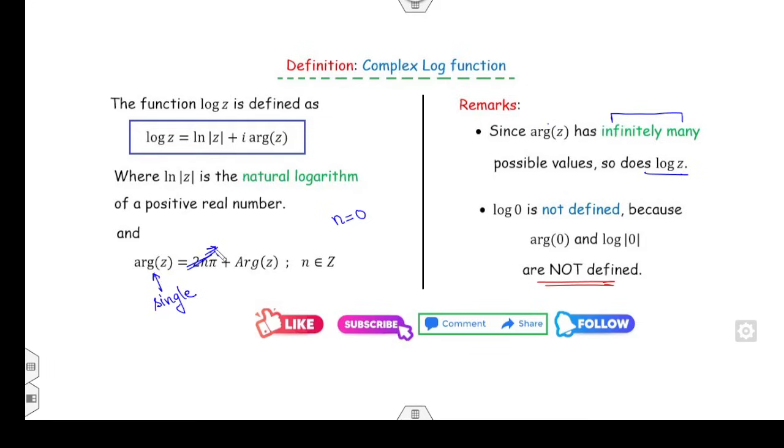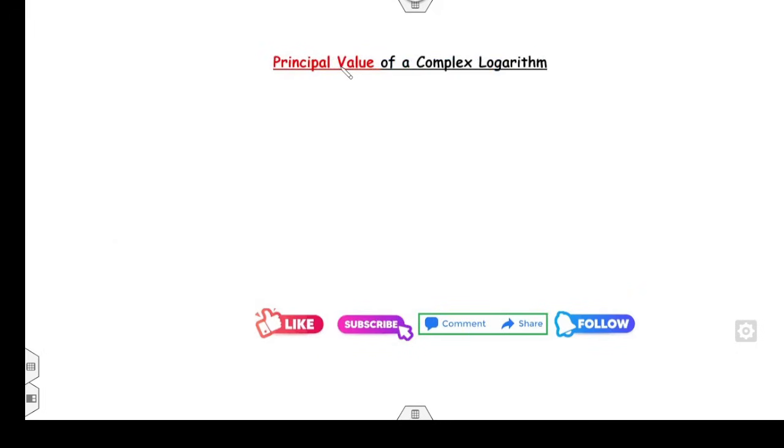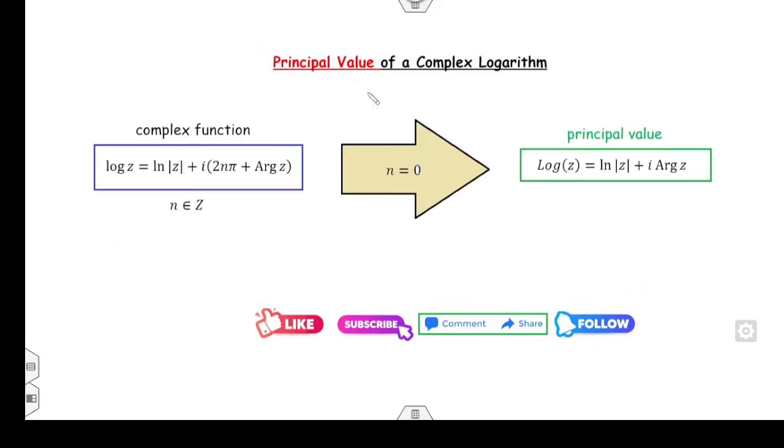Because n is 0, that value is called the principal value of the logarithmic function. Make sure, students, the principal value of the logarithmic function is denoted by capital LOG, or also by capital Ln.